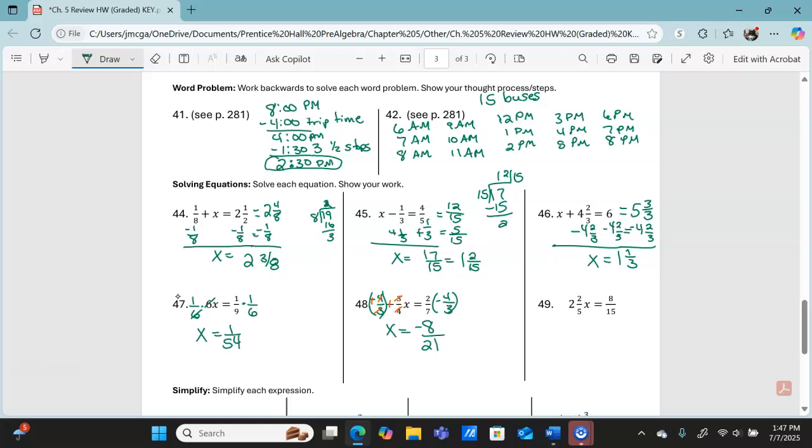For 49, the first thing you need to do is rewrite the 2 2/5 as an improper fraction. You get 10 plus 2 is 12/5. And now multiply by the reciprocal of 12/5.